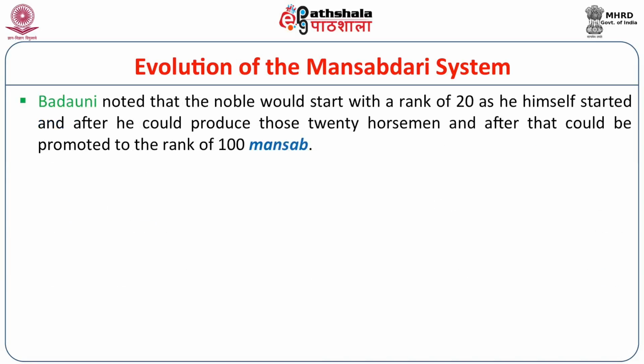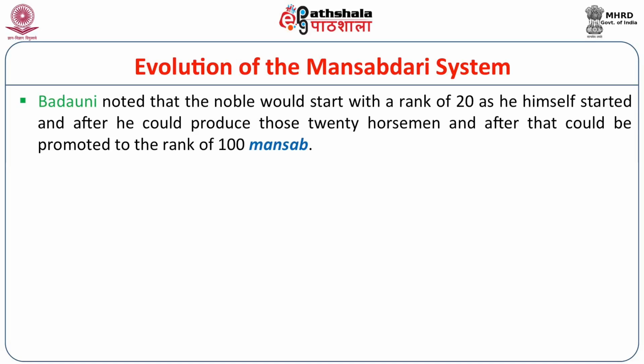Badauni, who was one of the critics of Akbar, a contemporary of Akbar and a great historian of his time, noted that the noble would start with a rank of 20, as he himself started.